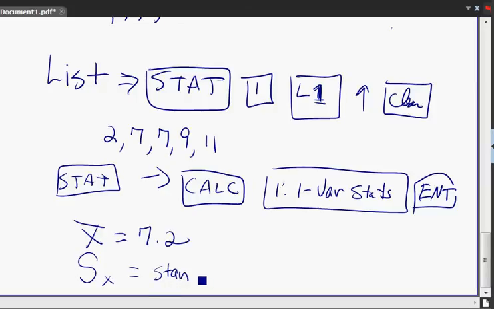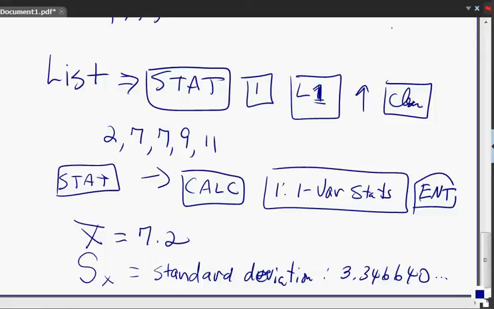It does not give you the variance. You'll have to square that to get the variance. And it gave it to me in quite a few decimal places, 3.346640.